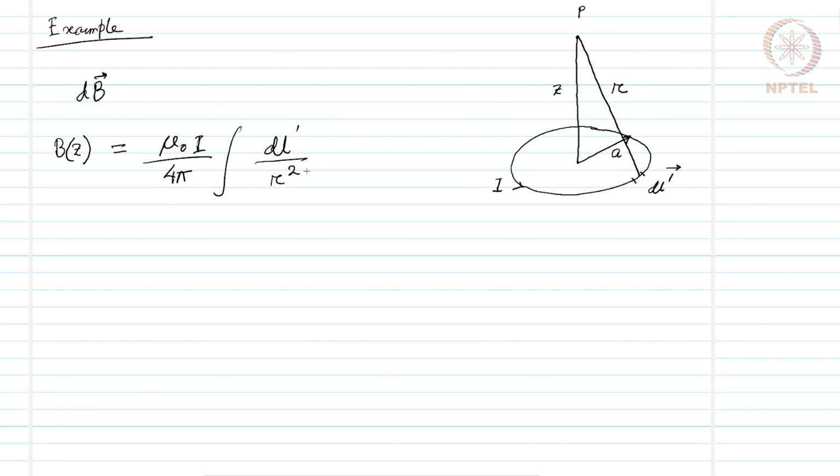So, let us mark this angle as theta. So, this is the total amount of the magnetic field, but we are interested in the vertical component.